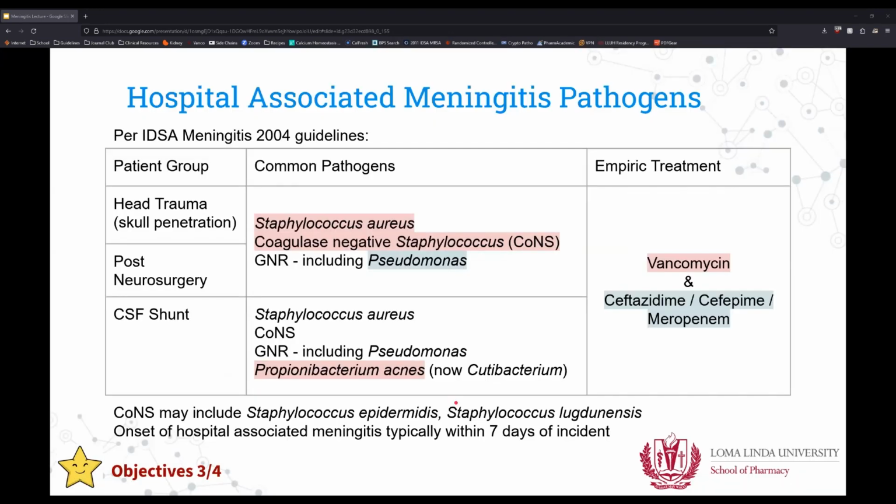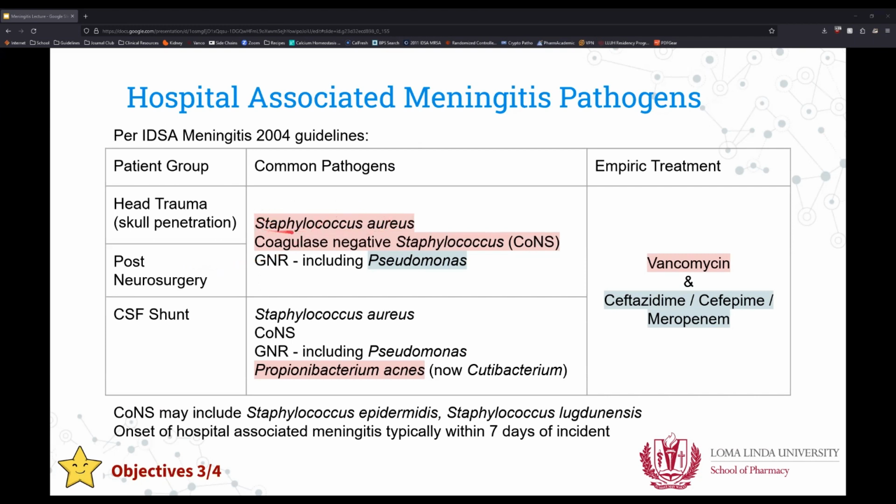And then if we are concerned about hospital-acquired meningitis, then some of the other patient groups or risk factors that we're thinking of are going to be whether the patient has head trauma, is status post-neurosurgery, or has a CSF shunt in place. So as we talked about earlier, that ventriculoperitoneal shunt. So we'll start off here. Whether it's head trauma or post-neurosurgery, those are going to make us think about specific organisms.